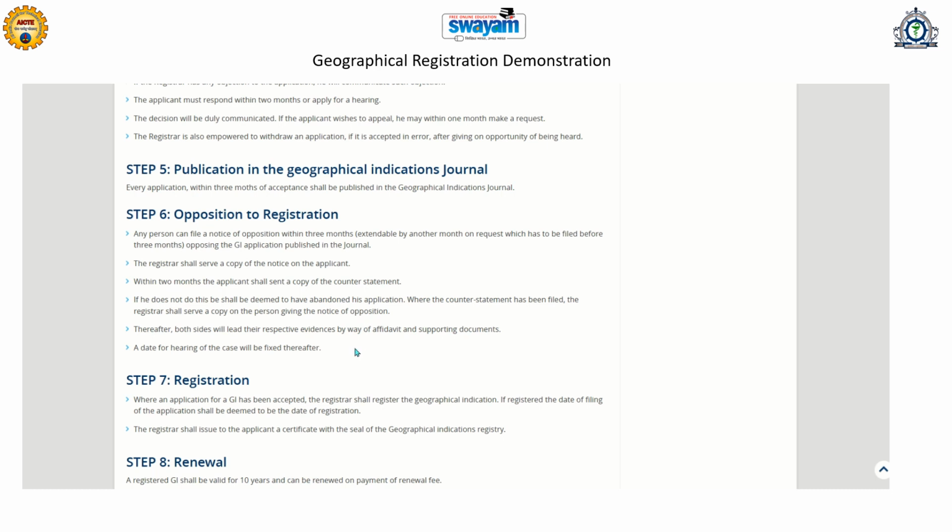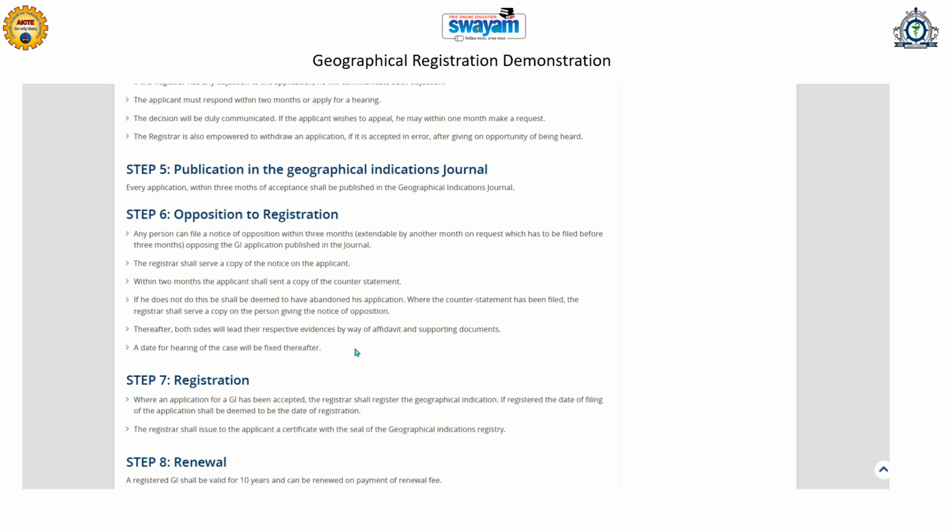Then if the counter statement is given by the applicant, both sides, the applicant as well as the opponent, will be verified, and then either through written statements or through a hearing, this opposition to the geographical indication registration will be considered.